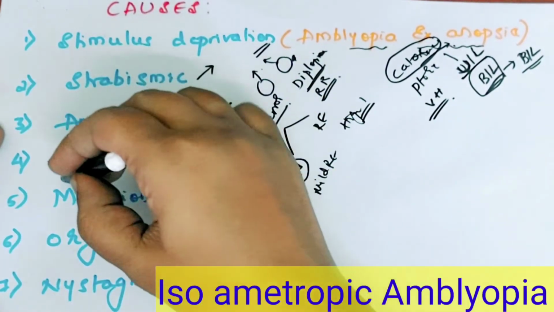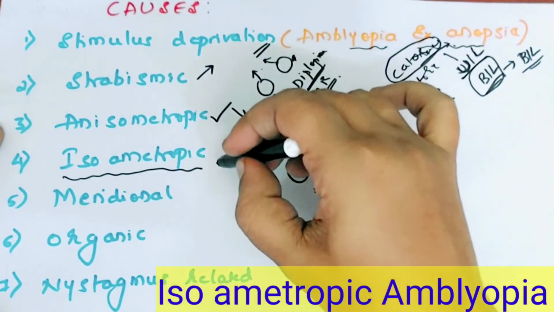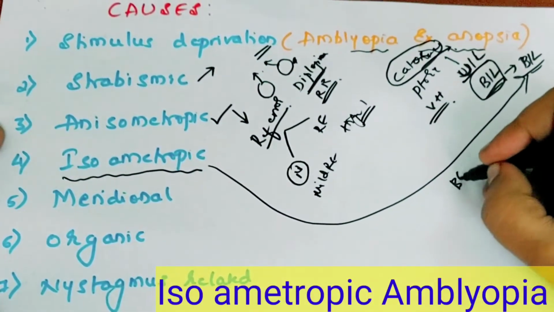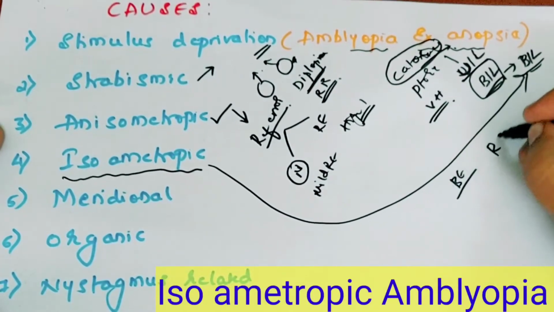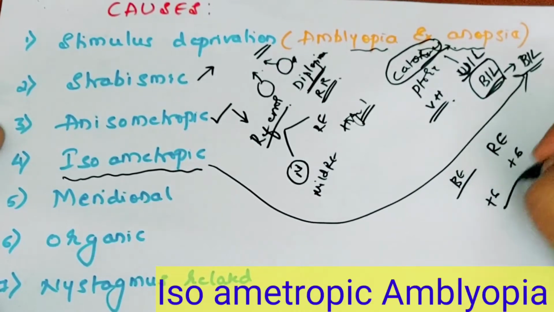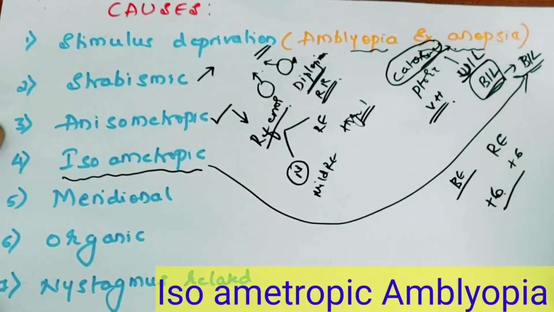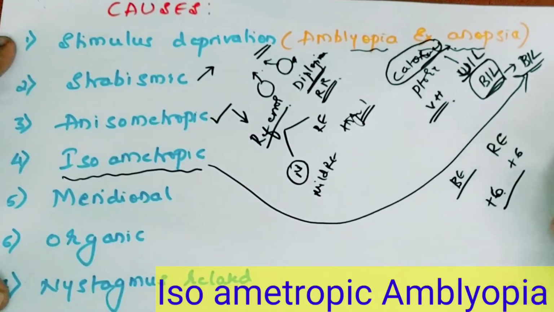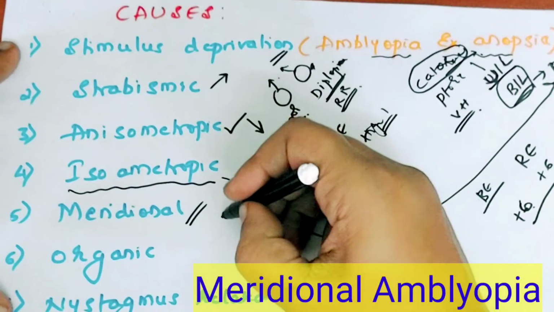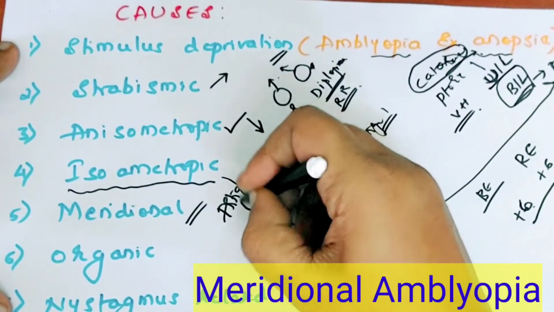The next is isoametropic. Again, this is one of the causes for your bilateral amblyopia, where both the eyes are suffering from very high refractive error. Say both eyes are having hypermetropia of +6. Then both eyes will receive the defective quality of the vision and end up in bilateral amblyopia. The next is meridional amblyopia, where the patient is suffering from high astigmatism.